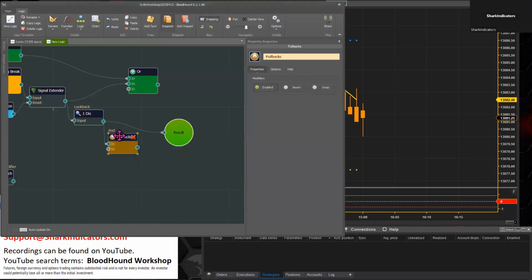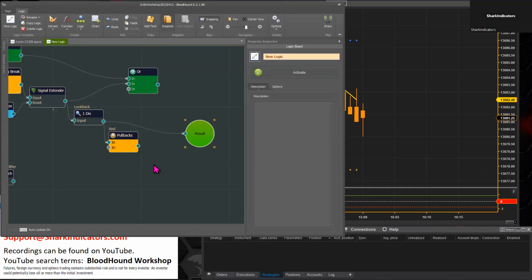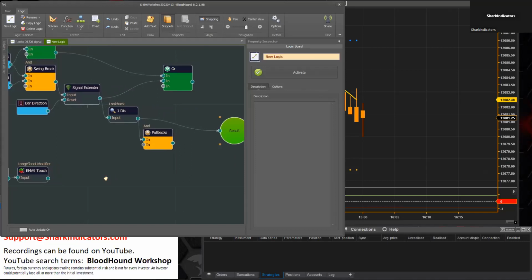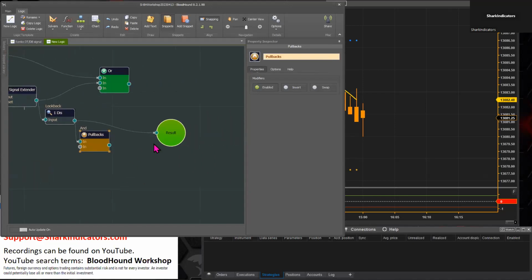So after the pullback here, let's see. Yeah, I may actually get rid of this and node here in a minute. But for now, I'll just keep it so we have the name here.